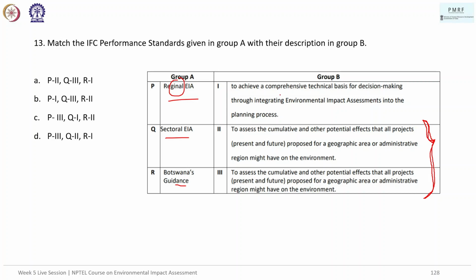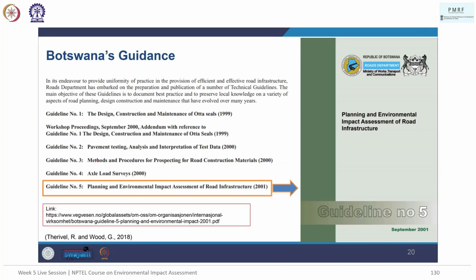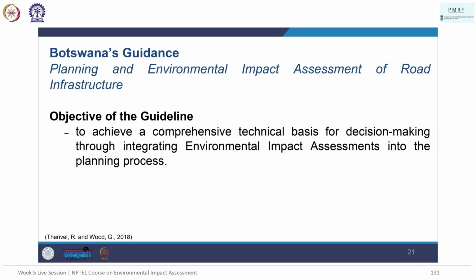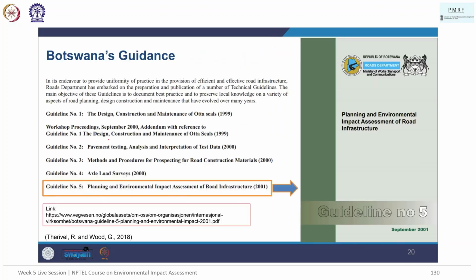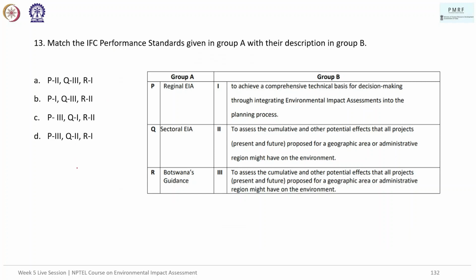So to achieve a comprehensive technical basis for decision making through integrating EIA into the planning process, that's Botswana's guidance. If you remember from the slide, right? And the rest, again, we saw earlier in the session today. So sectoral EIA is when you have one type of project which is distributed in a larger geographical area, which the answer is not given here.